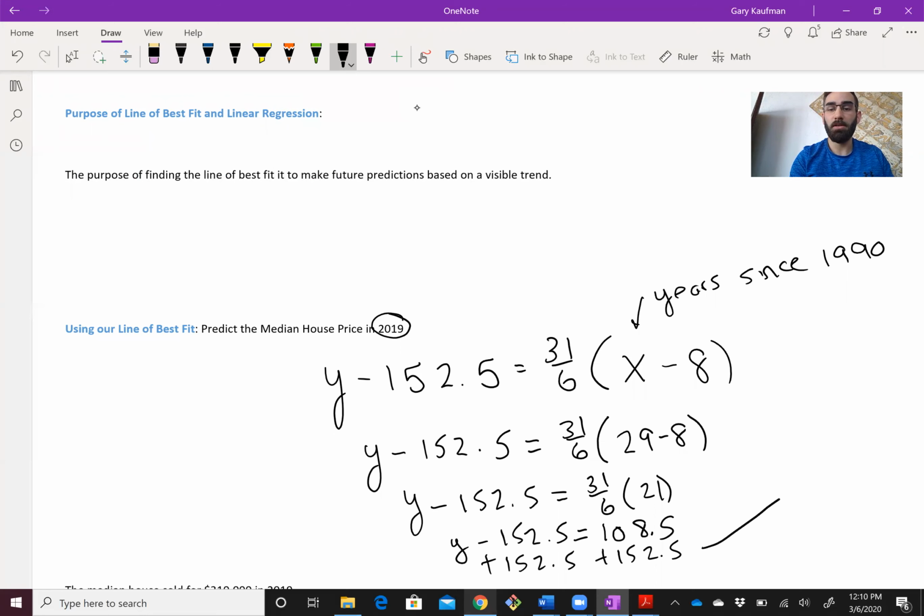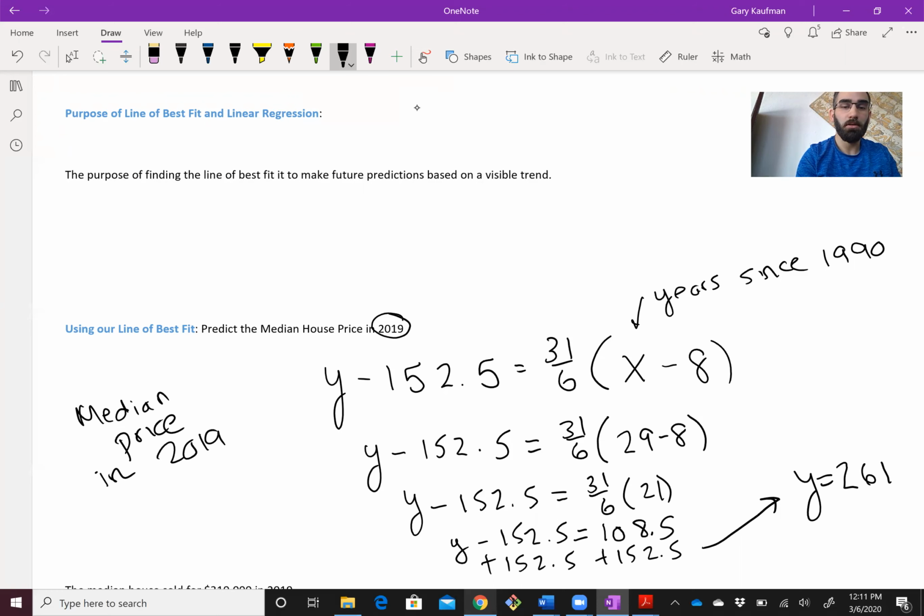Add this to the other side. Oh, ran out of space. And I get y equals 261, which means the median price in 2019 was 261,000.